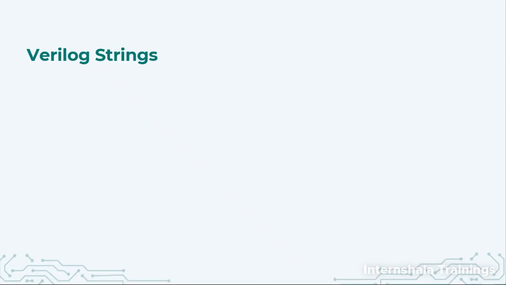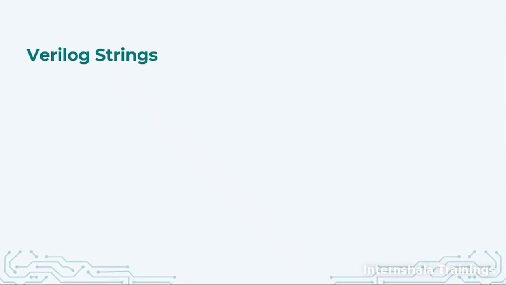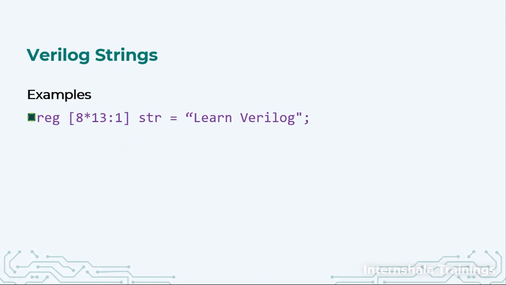So let us have a look at this example. Here we have a string called "learn Verilog". We have 5 characters in the word learn, 7 characters in Verilog, and there is a space in between. So 5 plus 7 plus 1, total 13.